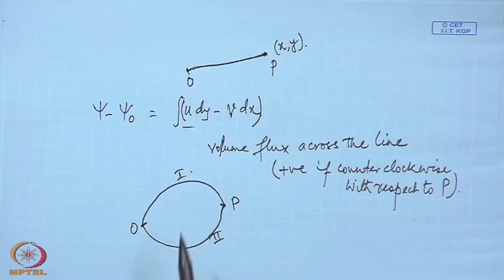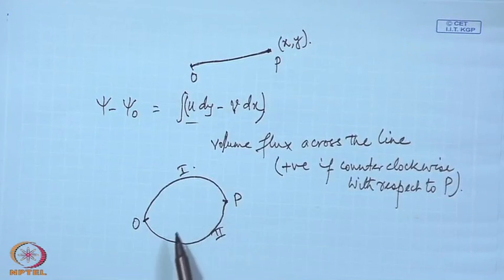So, if this region is entirely filled with incompressible flow and we assume that there is no additional introduction of mass, we are not inserting mass from outside, like a tube put there discharging, so there is no volume creation, then by the requirement of the continuity equation, the net volume flux entering this region must be 0.